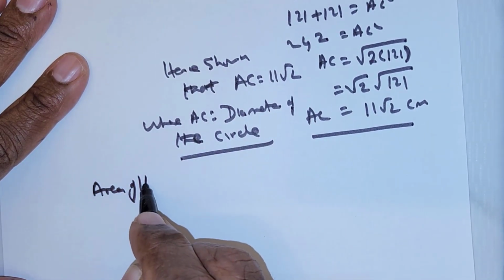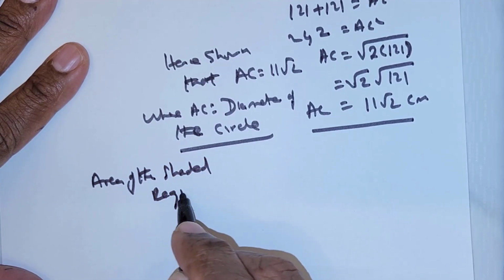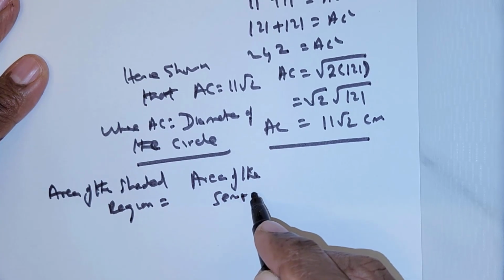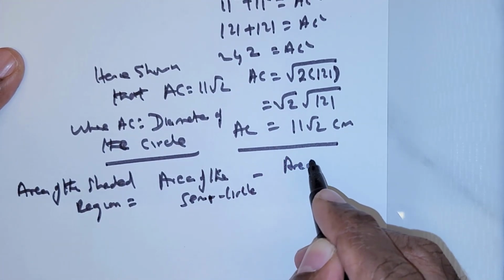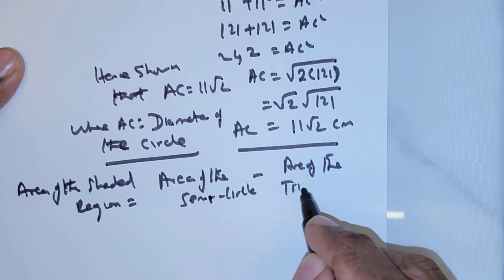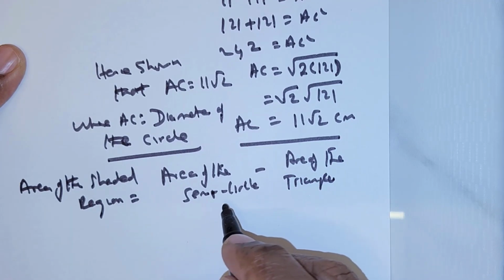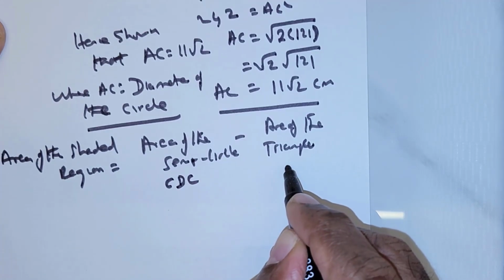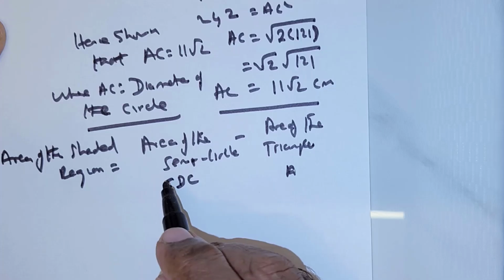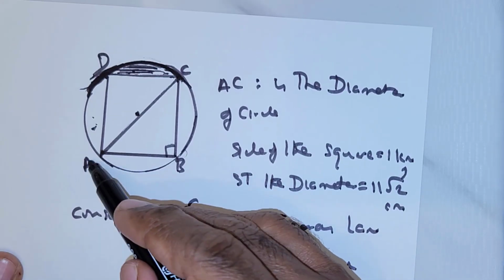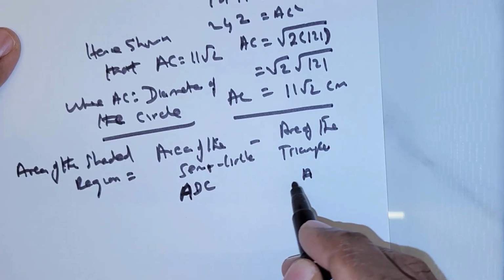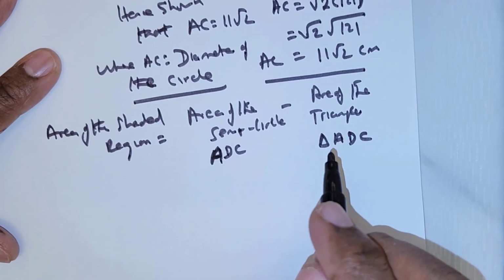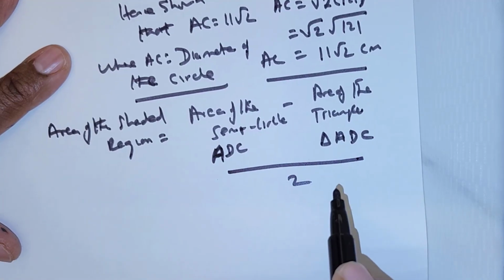So I'm going to write the area of the shaded region is equal to the area of the semicircle ADC minus the area of the triangle ADC, and this has to be divided by 2.